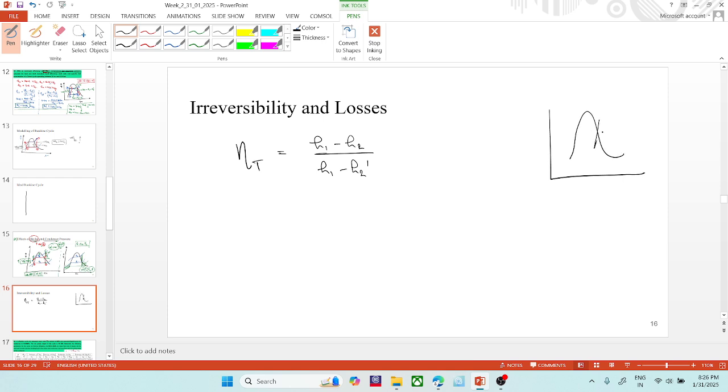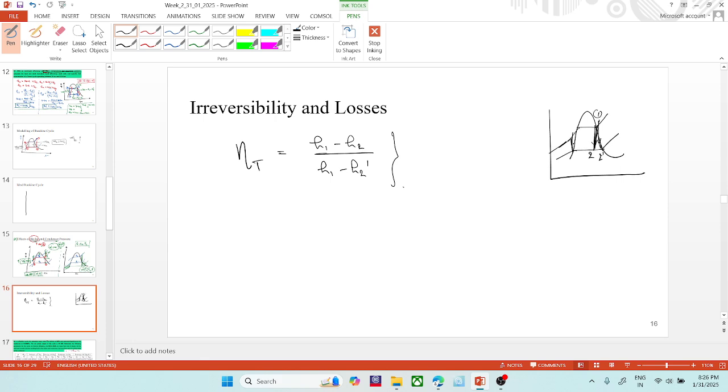This is my isentropic process and this is the ideal process. This is point 1, this is point 2 and this is 2 dash. This is isentropic and this is the actual. So H1 minus H2 divided by H1 minus H2 dash, these things we have looked into. Also the pump.